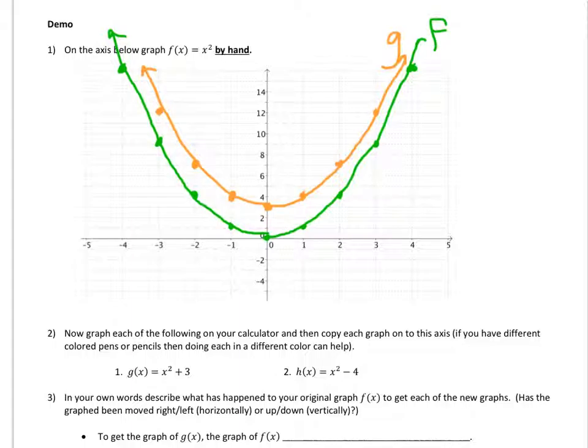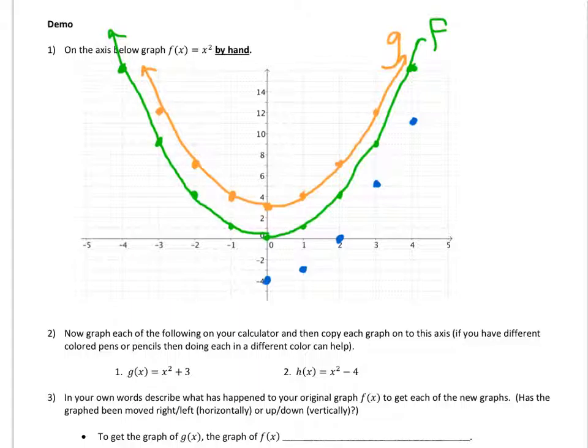So instead of 0, 0, I'm going to have 0, negative 4. Instead of 1, 1, I'm going to have 1, negative 3. And instead of 2, 4, I'm going to have 2, 0. And instead of 3, 9, I'm going to have 3, 5, because I'm subtracting 4 from the y-coordinate. Instead of 4, 16, I'm going to have 4, 11.